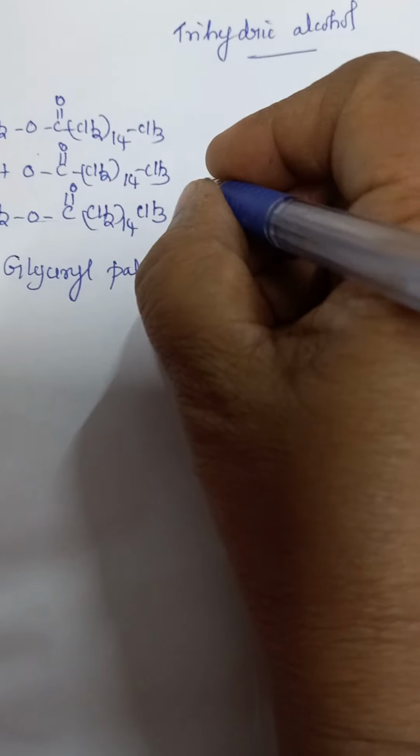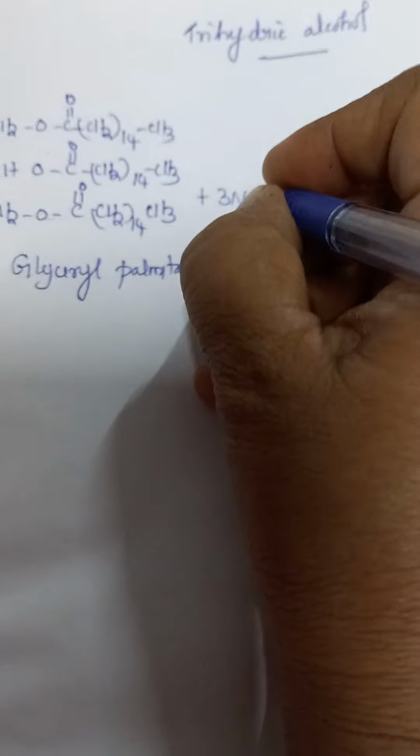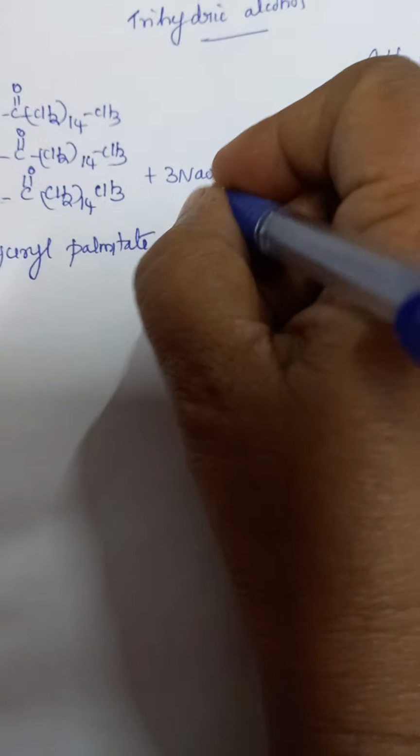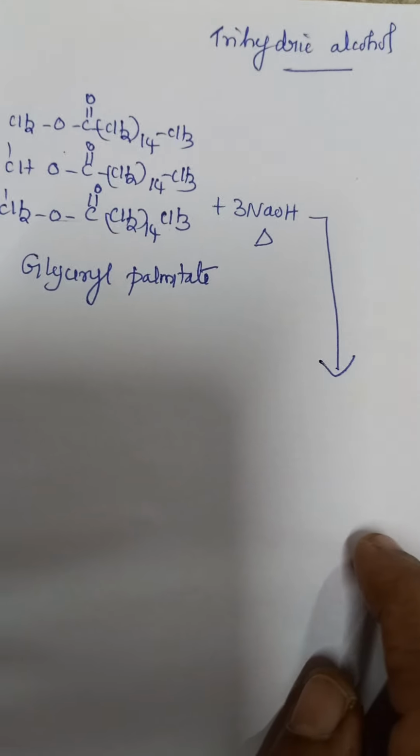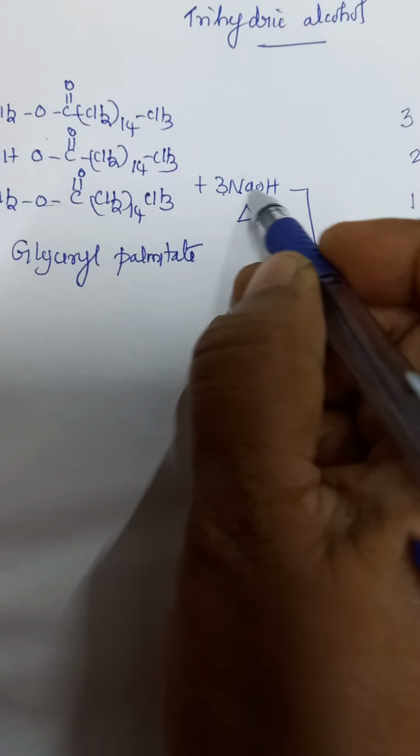Now it is treated with 3 molecules of NaOH on heating. See, these 3 molecules of Na, 3 molecules of OH.